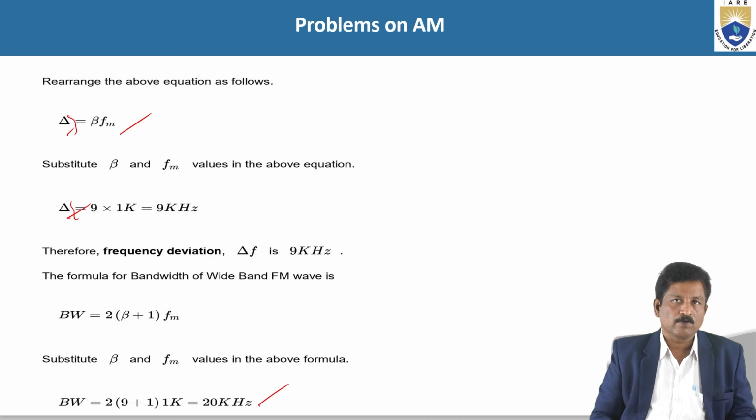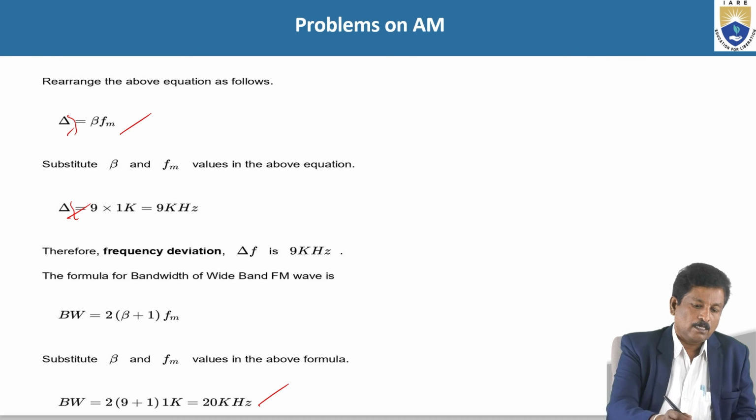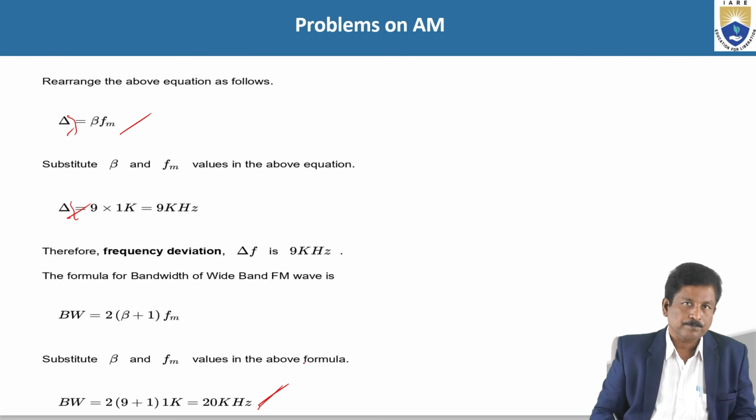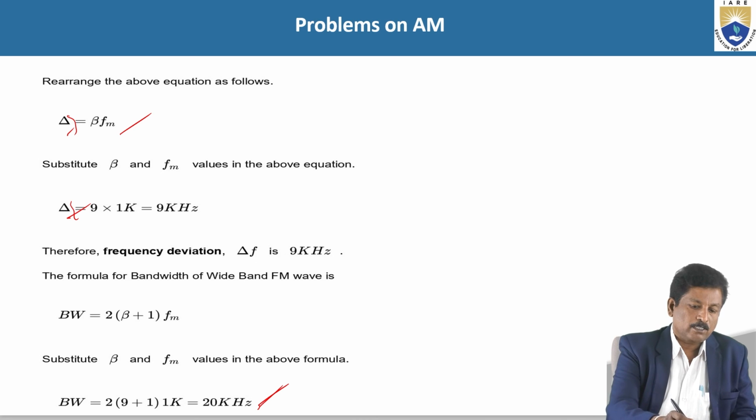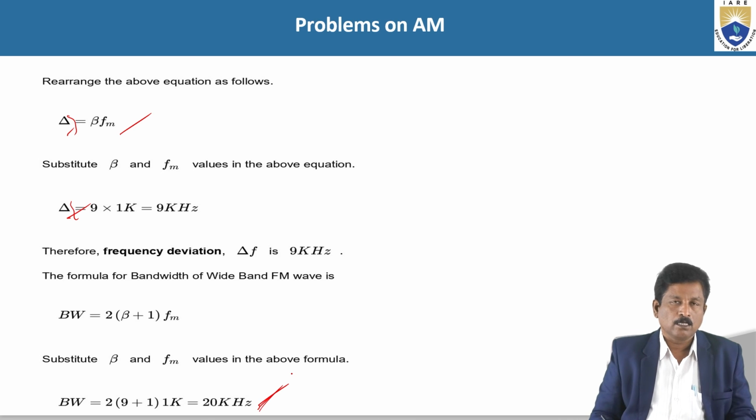Whereas in wideband frequency modulation, there are multiple frequency sidebands, so the bandwidth requirement for wideband FM will be more. So we get 20 kHz here, compared to only 4 kHz before. By this, the bandwidth requirement also shows that it is a wideband frequency modulation.